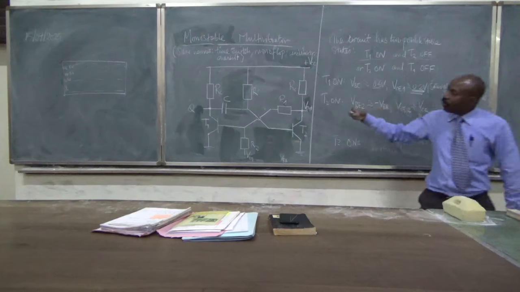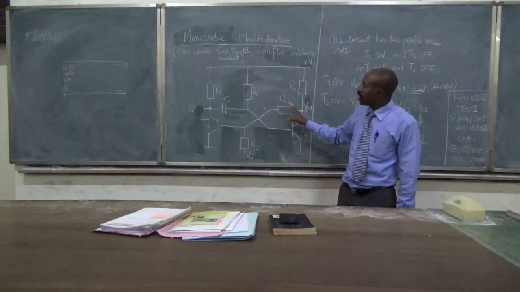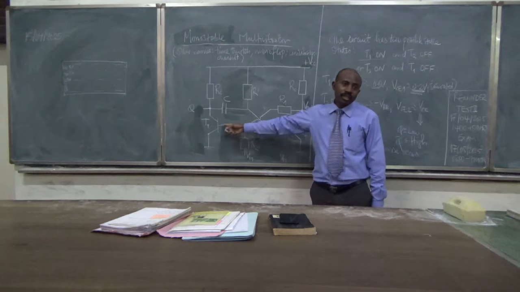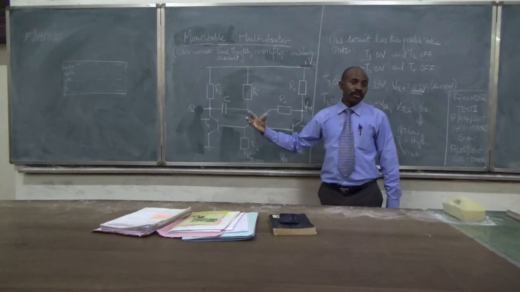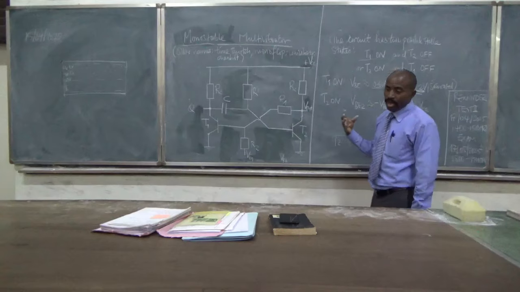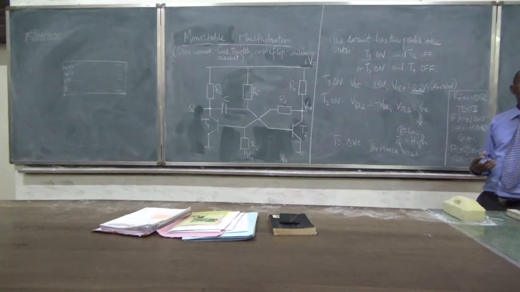And once we now make this left-hand side appear on the right-hand side, then we shall also have the charge to trigger this other transistor. So then we will be able to have the stable, the one with the two states.